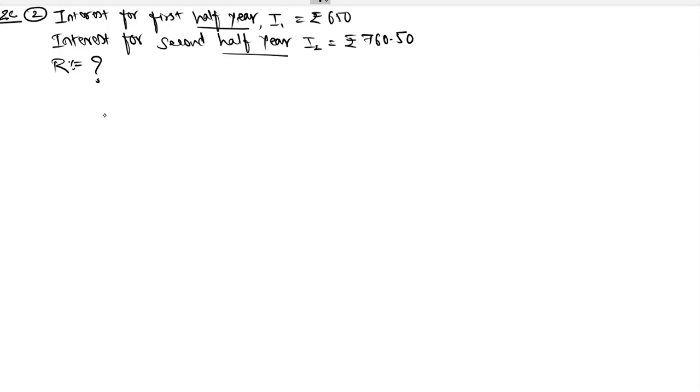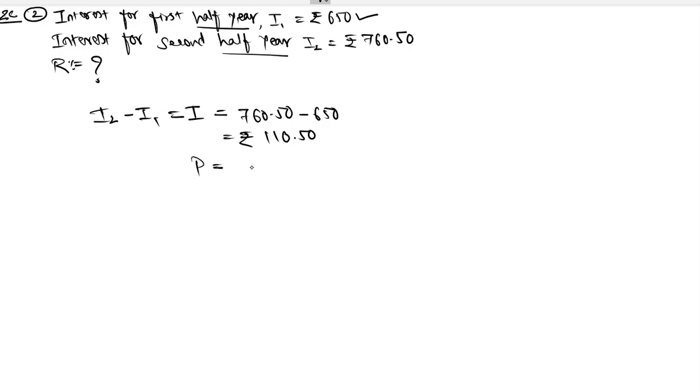The difference of interest, that is I2 minus I1, the difference of interest for consecutive periods, will become the new interest I, which is 760.50 minus 650, and that is rupees 110.50. This is the new interest on the principal, which is the interest of the previous year.